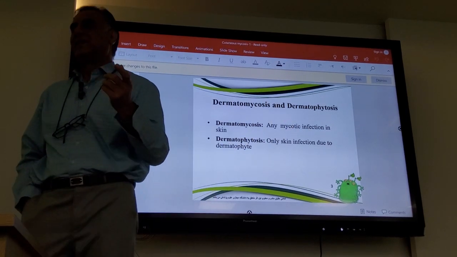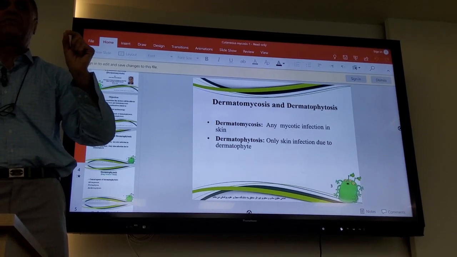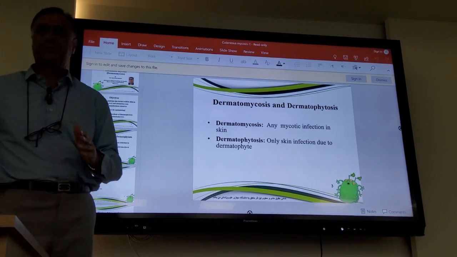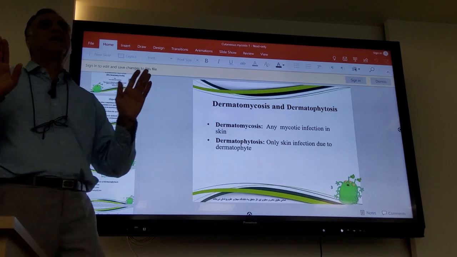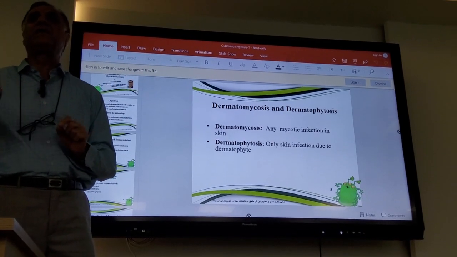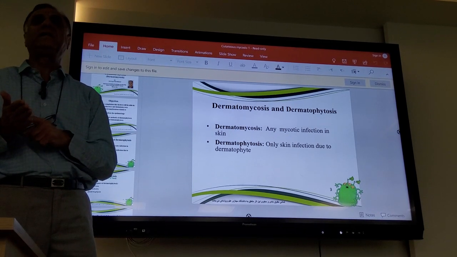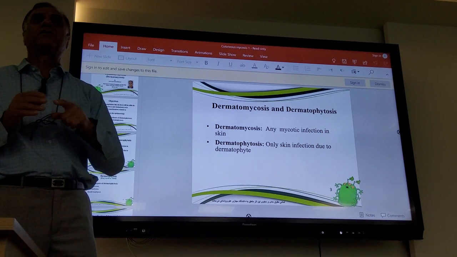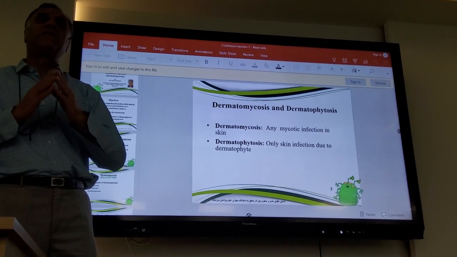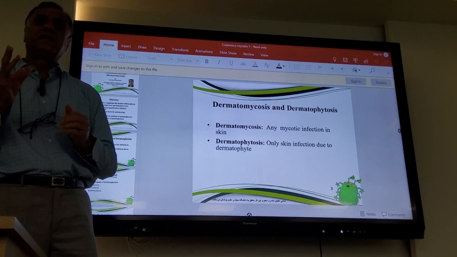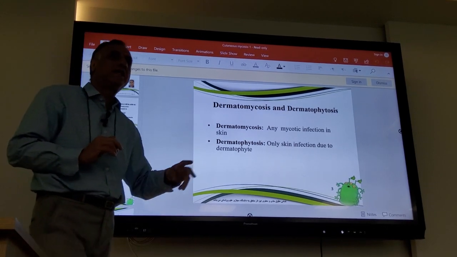Dermatophytosis means a skin infection by dermatophyte, a group of fungi. We must explain dermatophytosis in this class. In the next class, we explain cutaneous and systemic mycosis and some infections that involve a skin layer and lead to a skin disease.